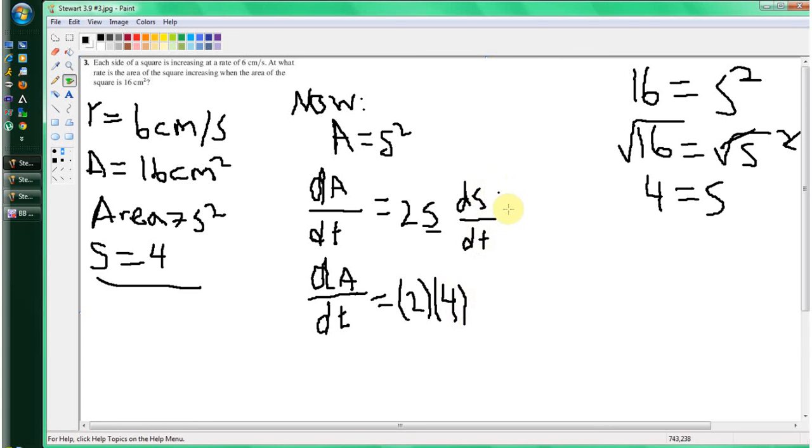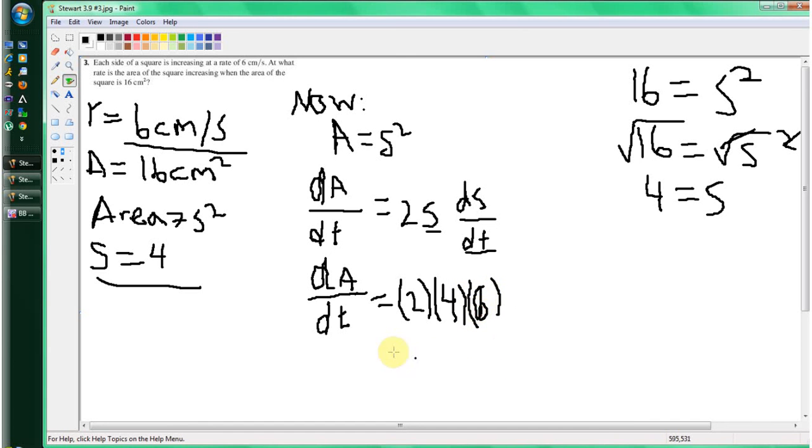And ds/dt, this rate is given as 6 centimeters per second. I'm sorry. This is a 6.